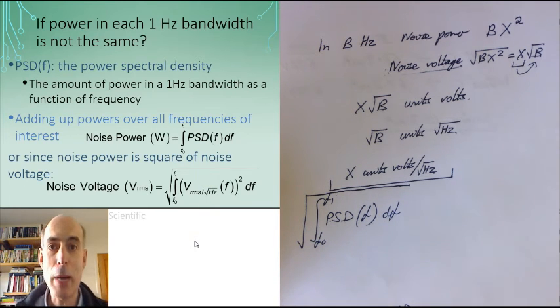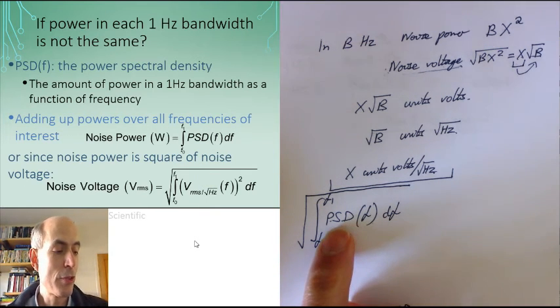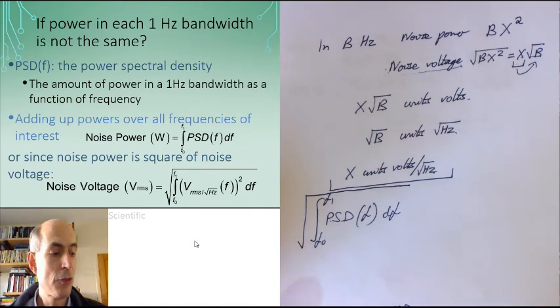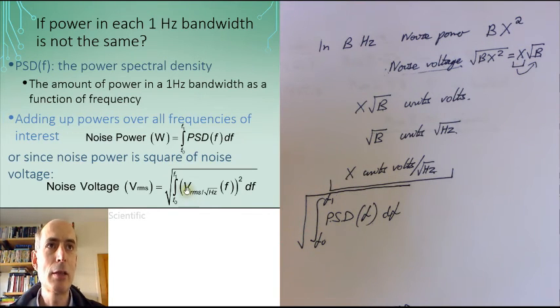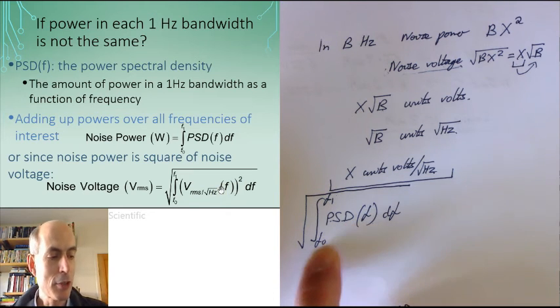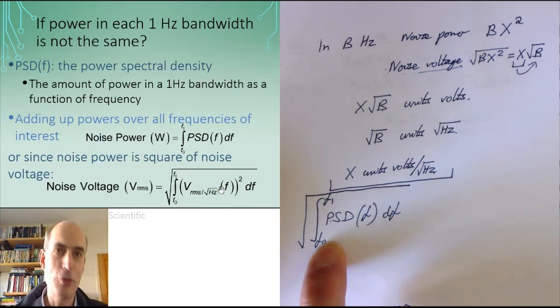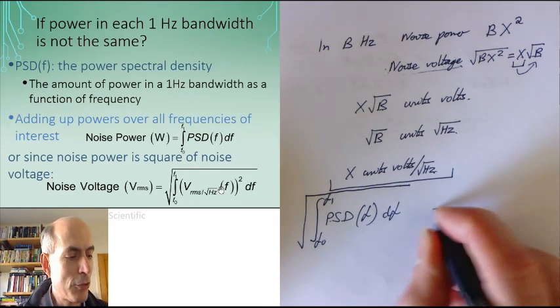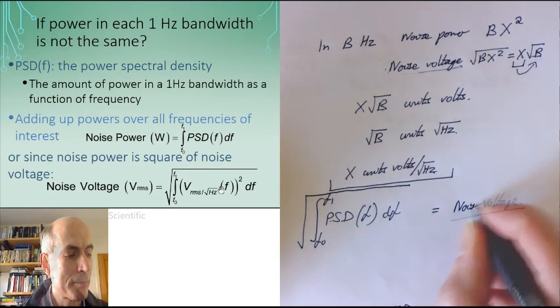Sometimes, instead of the power spectral density, which is the amount of noise power in a 1 Hertz bandwidth, what we're told is the noise voltage in a 1 Hertz bandwidth in volts per root Hertz. So we have to take the voltage in volts per root Hertz as a function of frequency, square it to get the power spectral density, integrate that over the range of frequencies that we're interested in, take the square root of that, and that gives us our noise voltage.